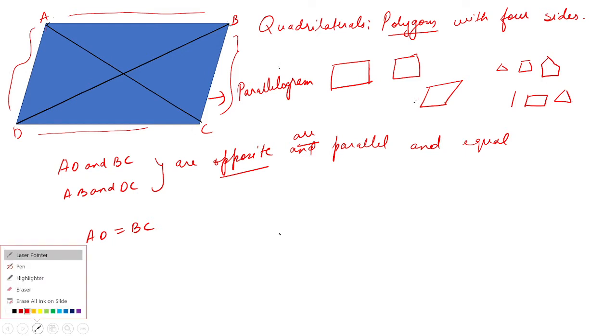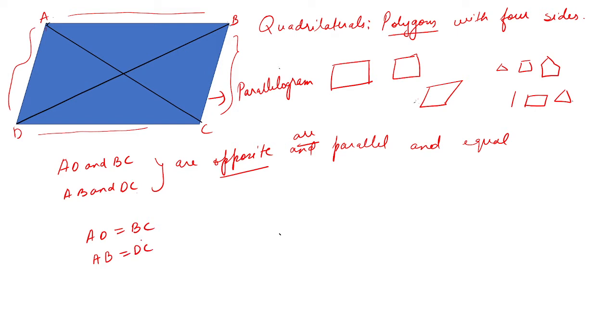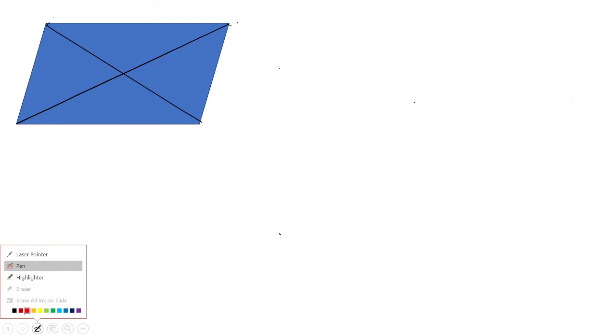So you will write this down. Remember this property: AB is equal to DC. This is an important property of a parallelogram. Clear with this? Now we are clear with what a parallelogram is. I'll be rubbing off all the ink, and now we'll be starting again. So that is the important part about a parallelogram.